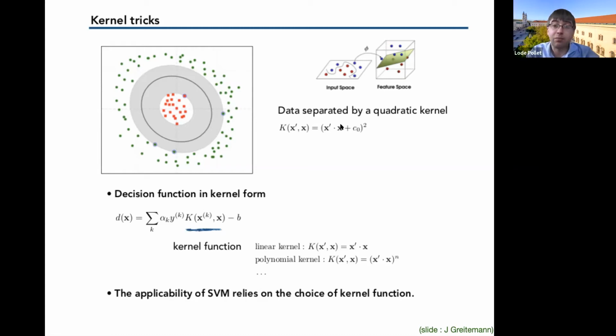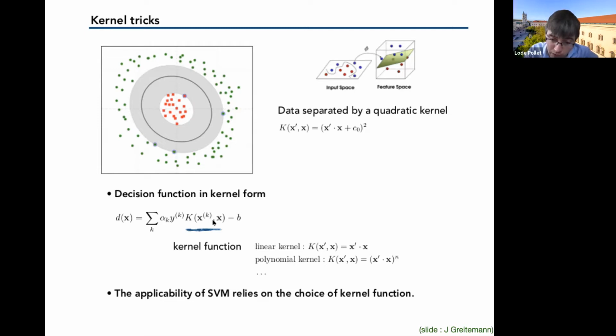And the way that this happens is that, at least formally, there is a mapping from the input space to some feature space, and this mapping is phi. And whereas you have a curved line separating the blue and the red data shown here, in this feature space, there is a hyperplane separating them. And this is possible under some very mild assumptions on the kernel.